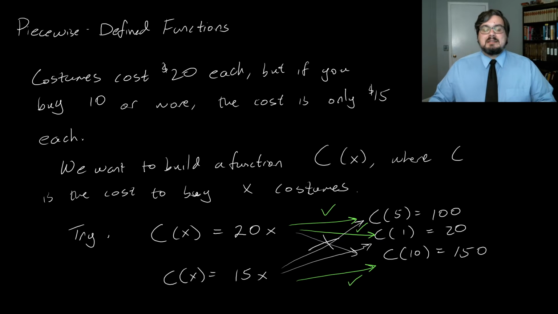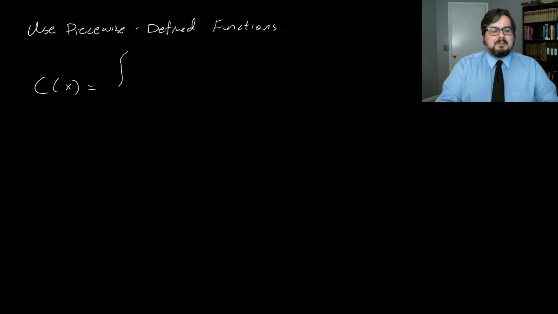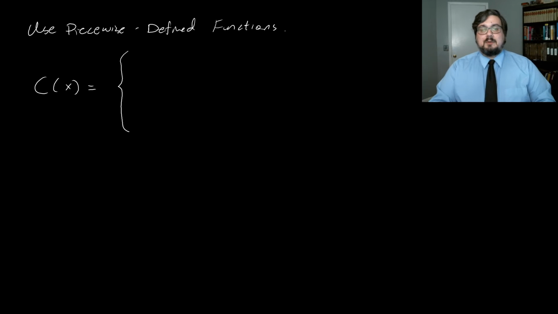This is precisely where piecewise defined functions come in. They're going to give us a way to represent situations like this. So we're going to use piecewise defined functions. And let's build the piecewise defined function for the problem that we just did, which will explain what's going on.